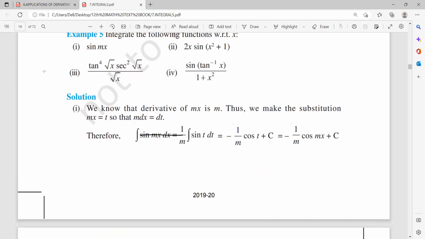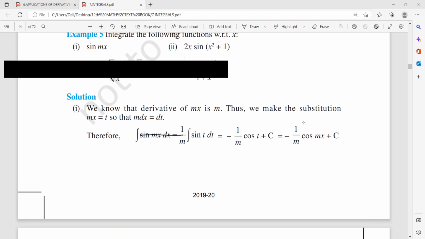So the first example is sin mx. Can you guess what the integration of sin mx dx is? If, for example, in place of m it was 2, then it would be minus cos 2x by 2.